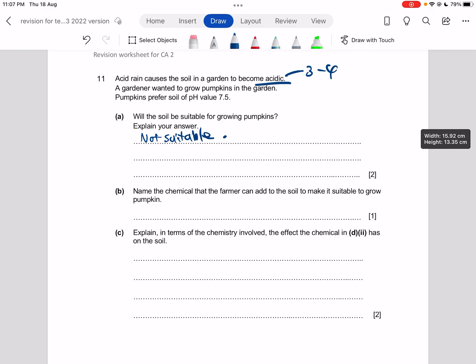Alright, so will the soil be suitable for growing pumpkins? Then you say not suitable.